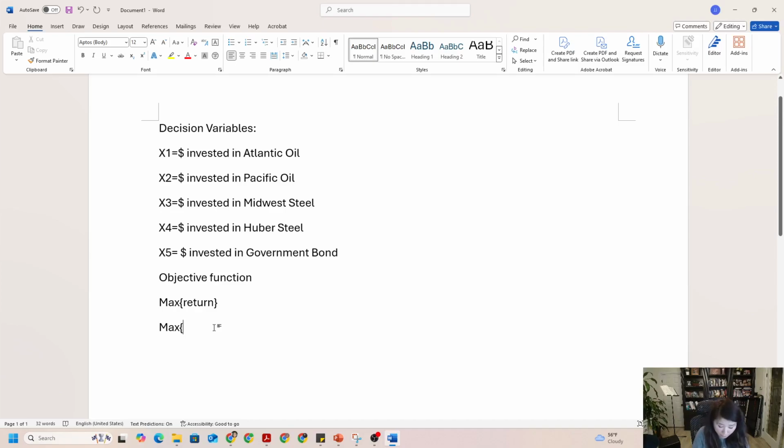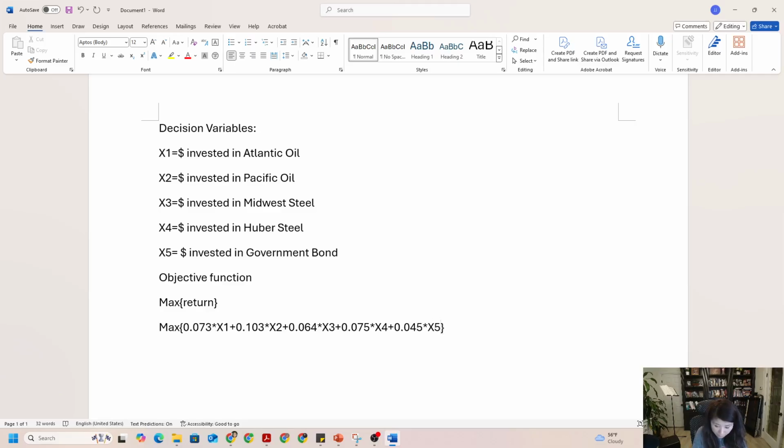The return I will get from Atlantic oil is 0.073 times x1, plus the return for the Pacific oil is 10.3%, so it will be 0.103 times x2, plus the next one is 6.4%, so it will be 0.064 times x3, plus 0.0475 times x4, and then plus 0.45 times x5.